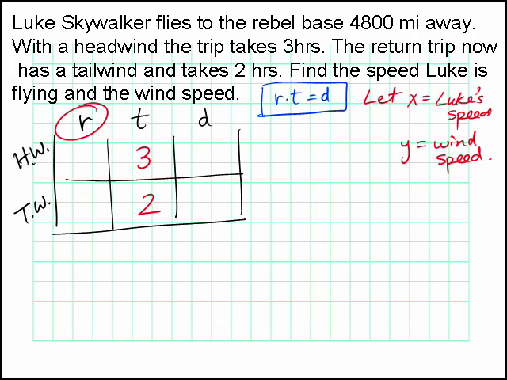So if you're going X miles per hour, the wind will slow you down, and so you must subtract the wind speed. You're actually going to go X minus Y. This is your speed minus the speed of the wind, because you are going slower. The tailwind, the wind is at your back, it's pushing you, you're actually going to go faster, and so you'll be going X plus Y.